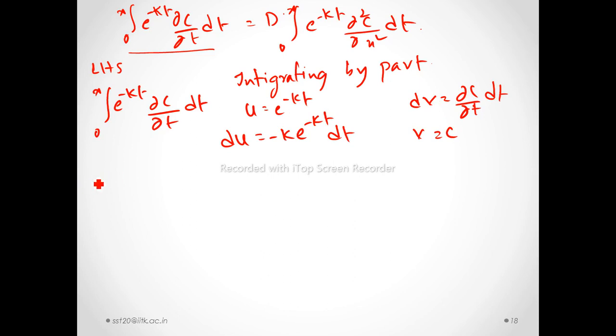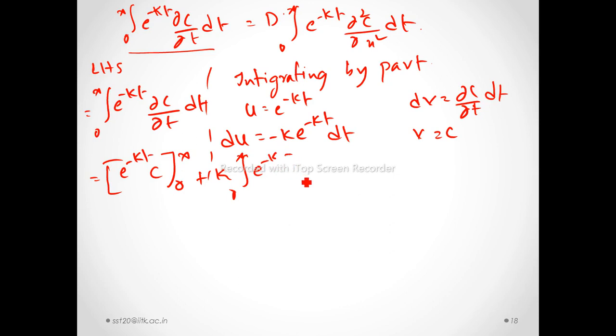Then applying this, we will get e raised to kt into c from 0 to infinity plus k into integration from 0 to infinity of e raised to kt into c into dt.